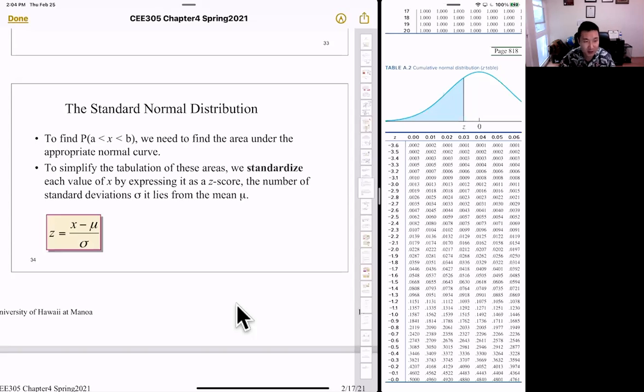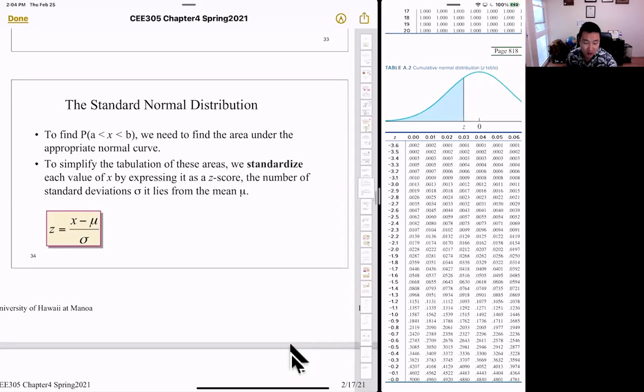The z-score, or z-value, is equal to x minus mu divided by sigma. The z-score means the number of standard deviations sigma away from the mean value, so how far away x is from the mean value. So that is the z-score.